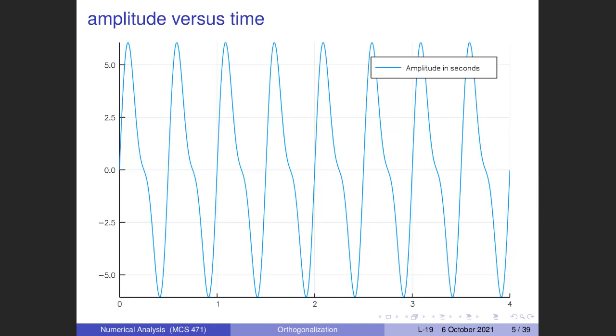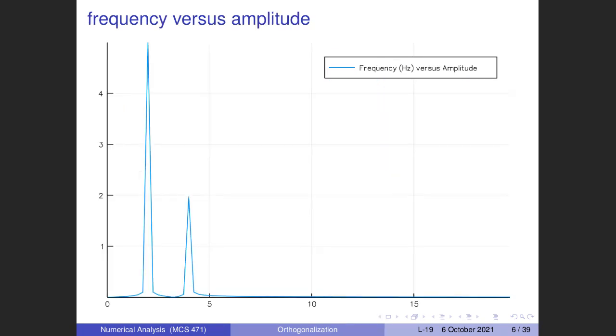So here we have the amplitude, so the first plot is the time plot, where you plot the amplitude versus time. And then we have the frequency plot, where you see the two spikes, and the spikes are not really coincidental. They are at the two places where we had a non-zero amplitude.